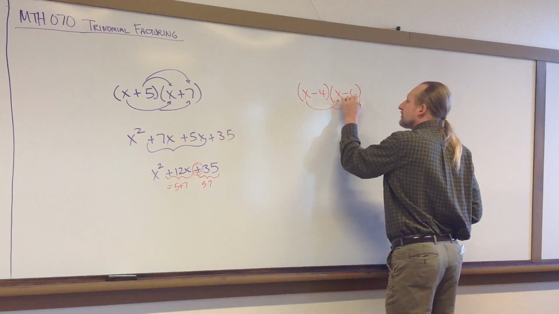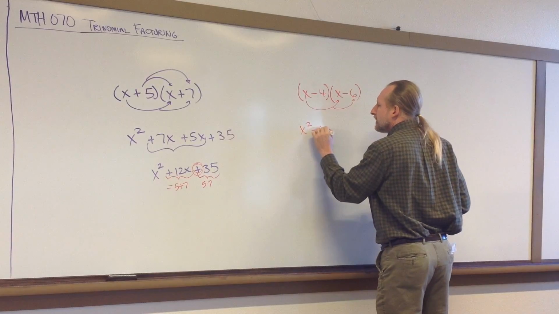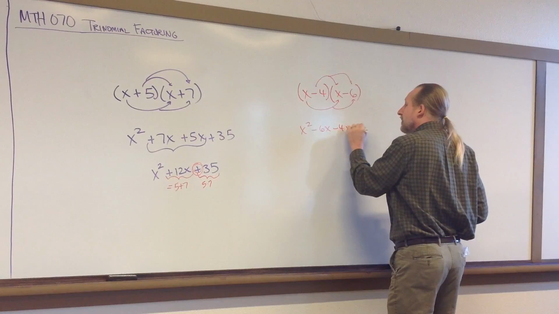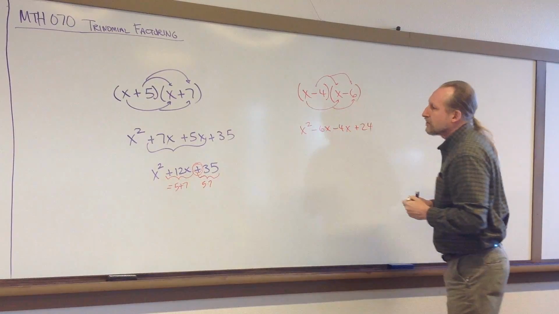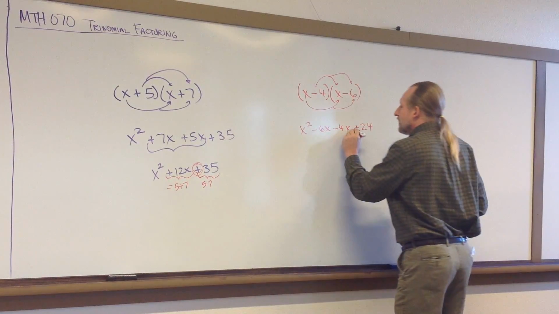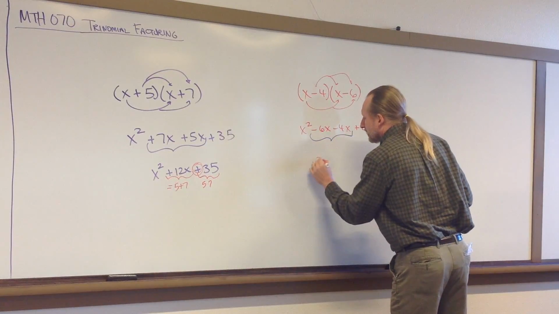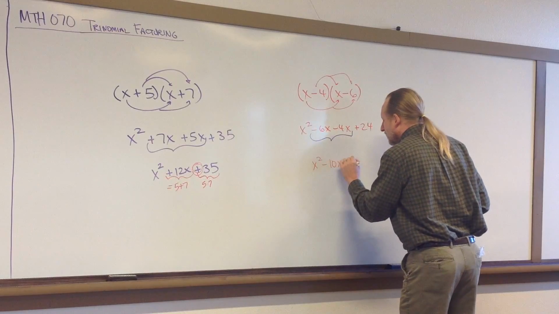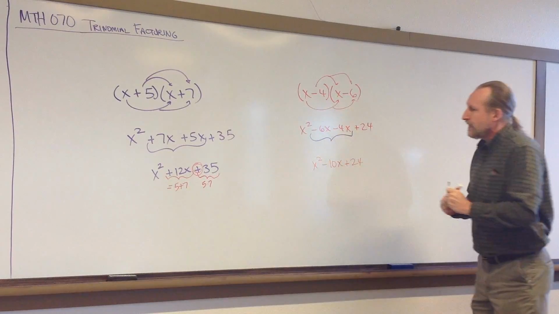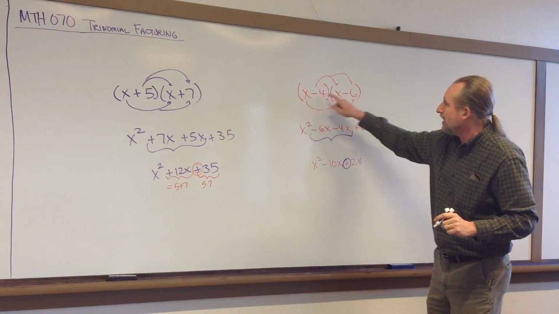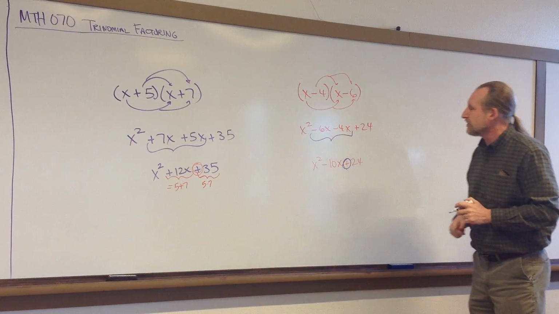So here's our x squared minus 6x minus 4x and then plus 24. Okay? And then again, combine the like terms in the middle, and we get x squared minus 10x plus 24. Now notice that this sign right here is still positive because you had minus times minus to give you a positive.